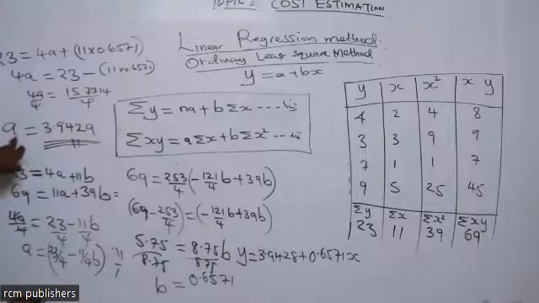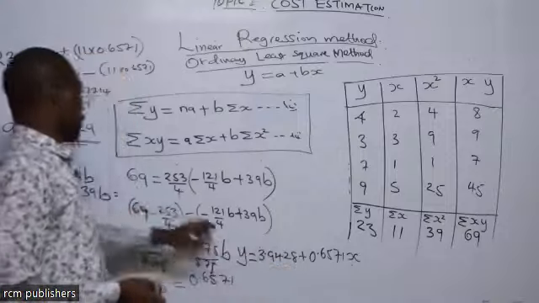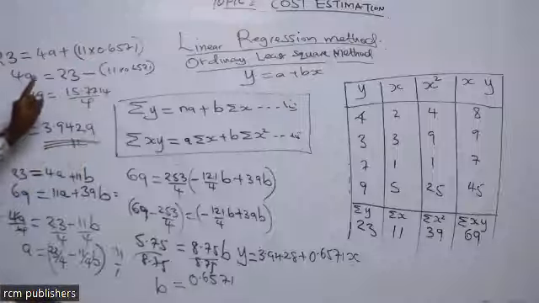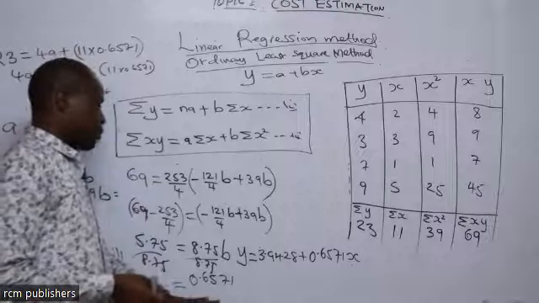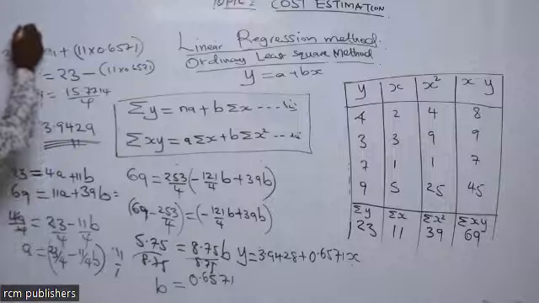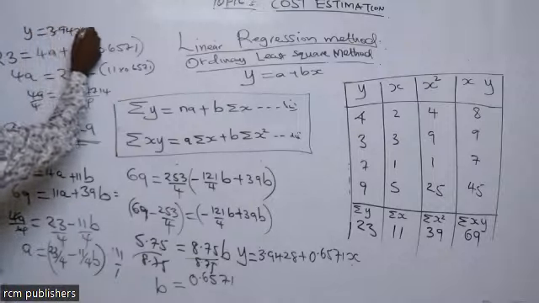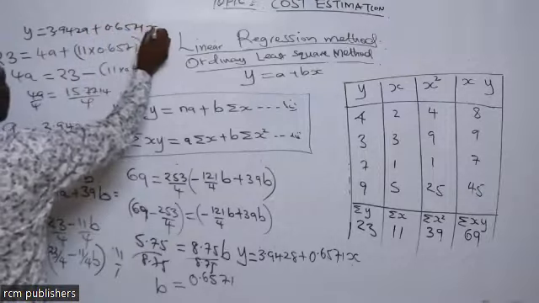As you can see, our A here is 3.9428. This one here is just a difference of 1 due to rounding off, which has been affected by the dependent value of B here. So it means our function will be y is equal to A, which is 3.9429 plus 0.6571x.